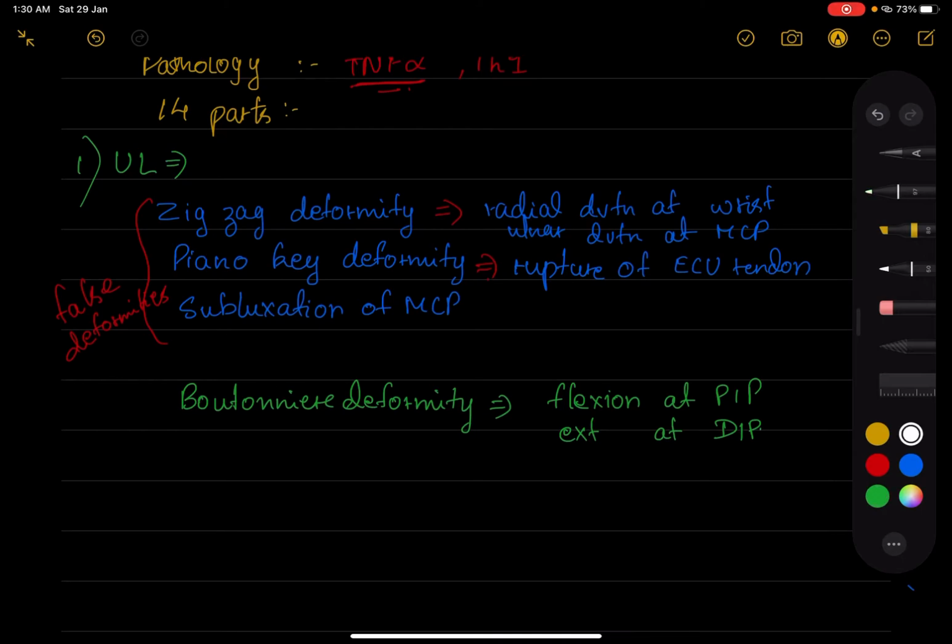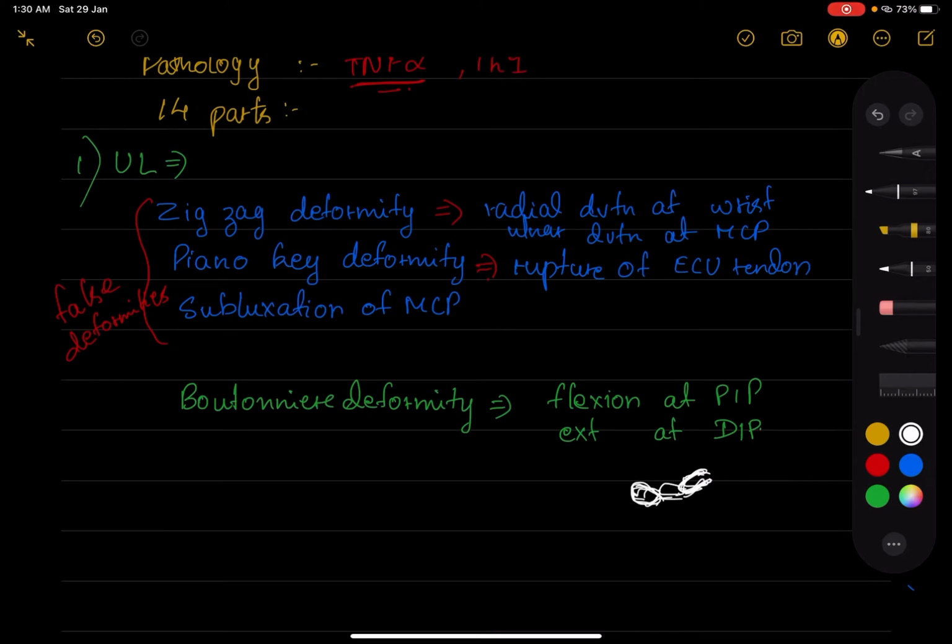So if we picturize it, suppose this is PIP, there'll be flexion here, followed by extension. It'll come upwards, and this will be downwards. Okay, this is a finger.